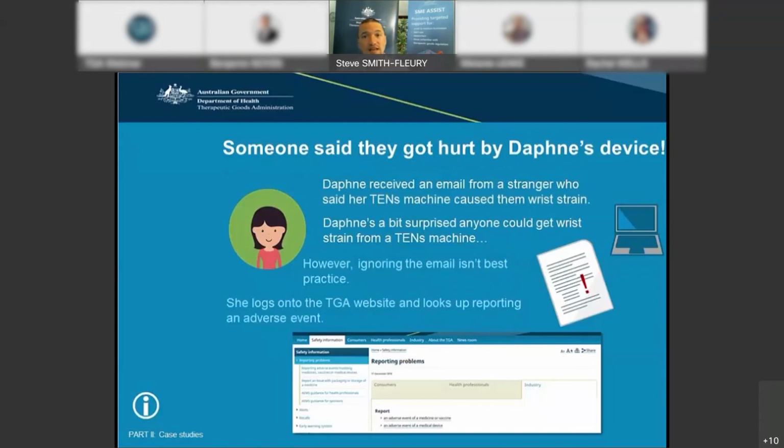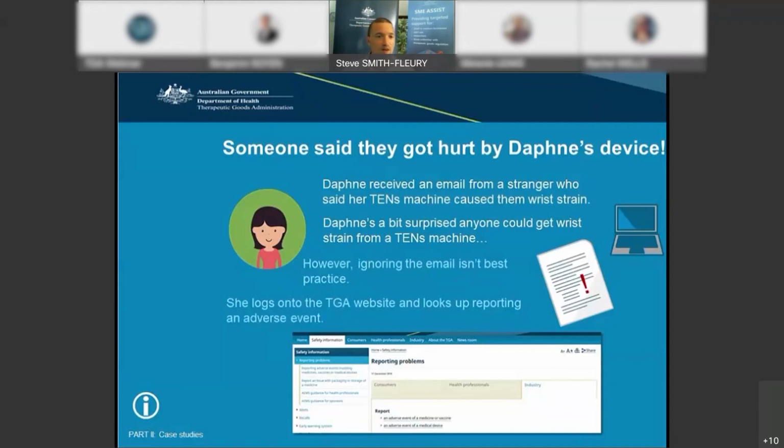Daphne receives an email from an affected user who claims that they've hurt themselves using her TENS machine. Although Daphne is somewhat skeptical that anyone could harm themselves using a device, this user claimed that they strained their wrist using it. Ignoring the email is not best practice, of course. So Daphne needs to report this incident to the TGA as an adverse event.